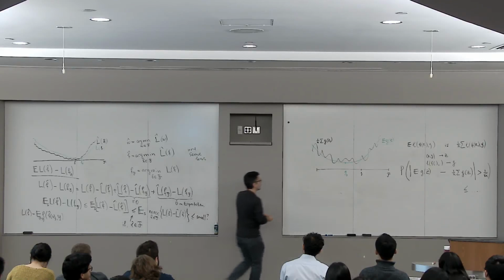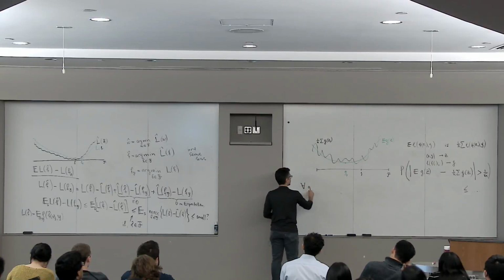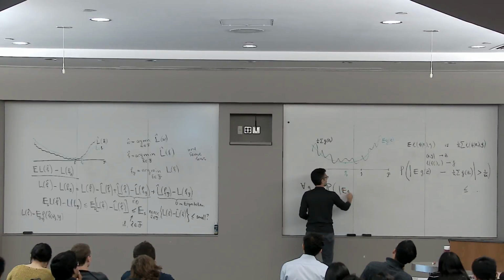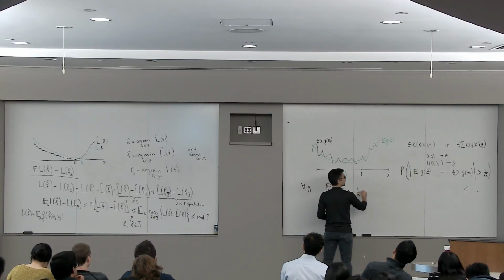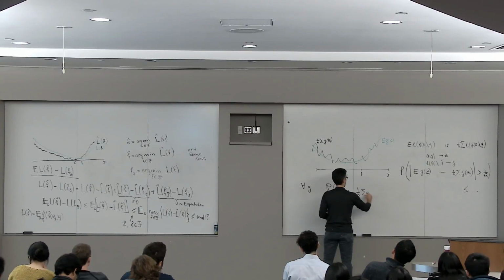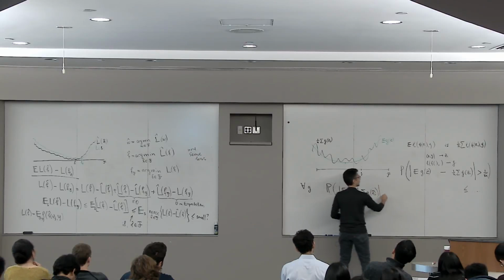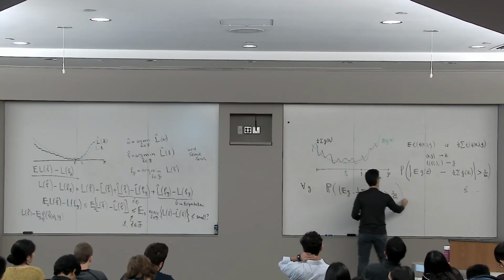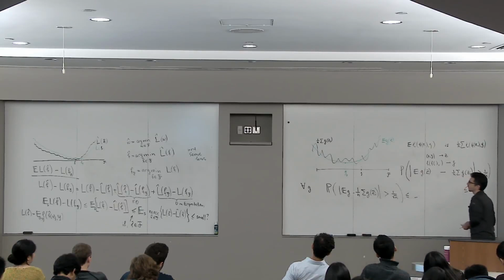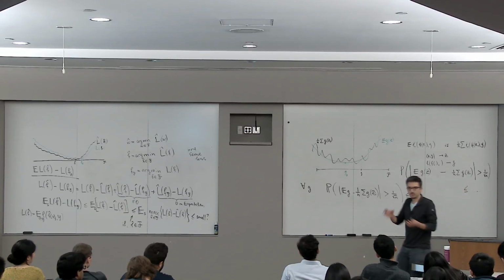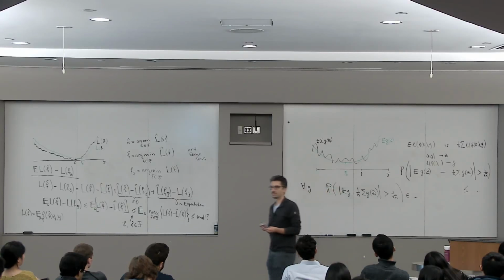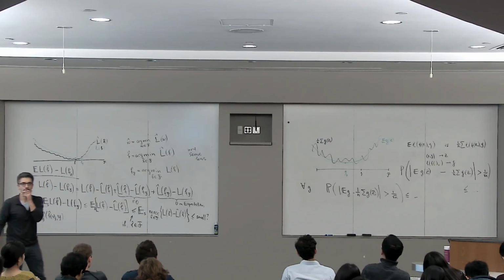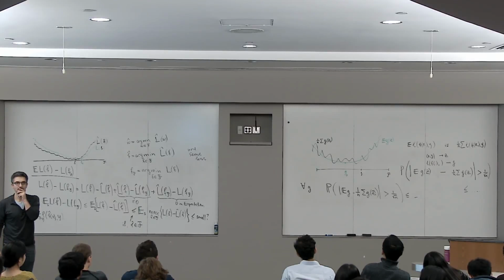What I do know is that for any g, the probability that expected g minus 1 over n sum of g of Zi is larger than something like 1 over square root of n is small. Why does it not imply that for all of them the deviations are 1 over square root of n? Yes?